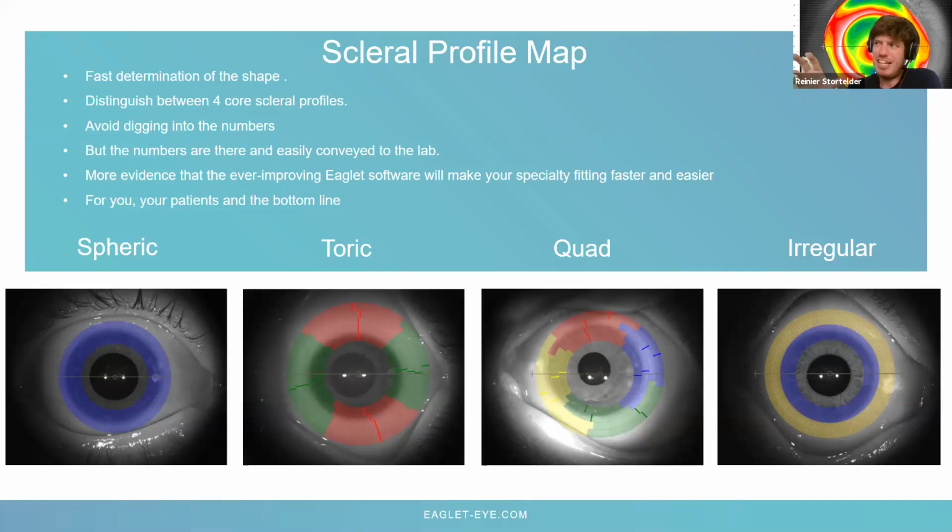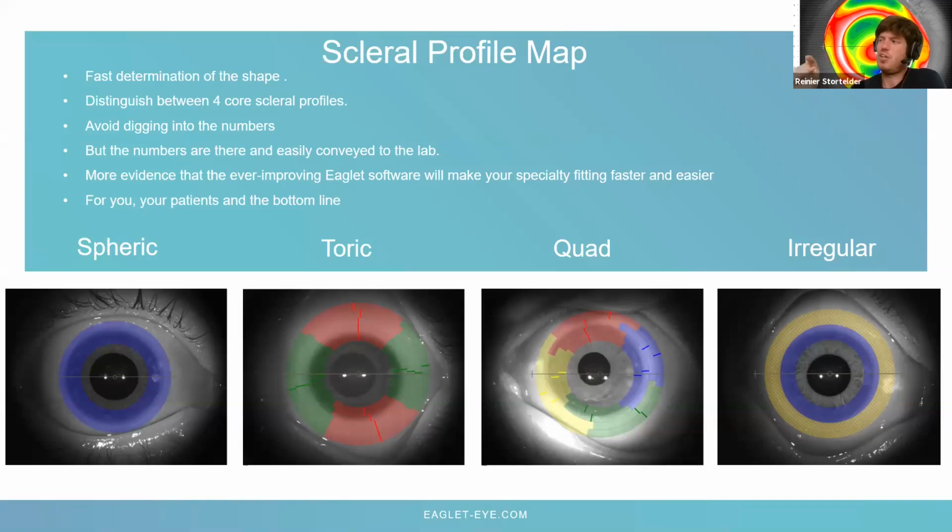What does that mean? If it is spheric, it means that all four quadrants have no bigger difference, no larger sagittal height difference than 100 microns.